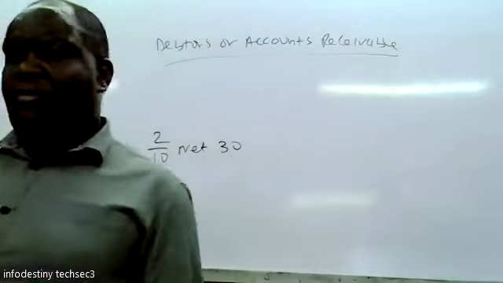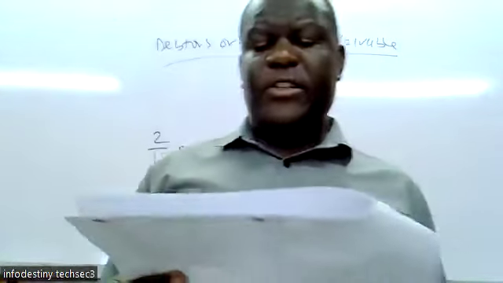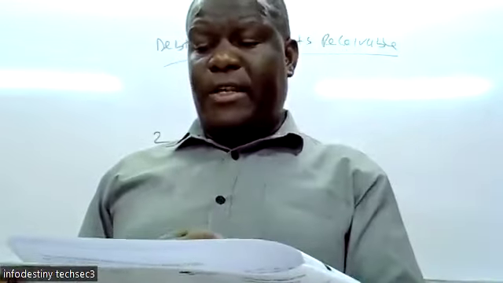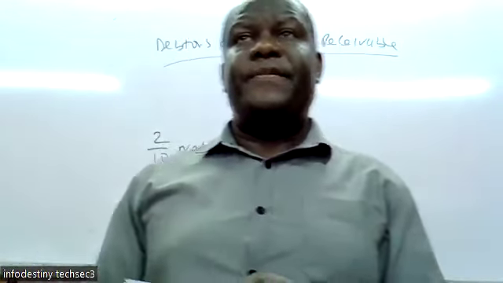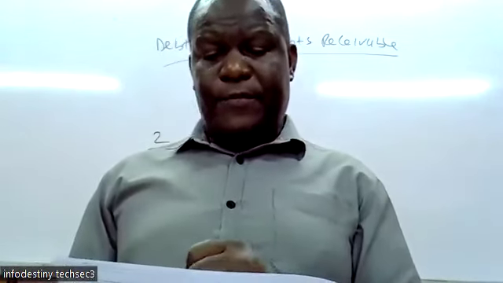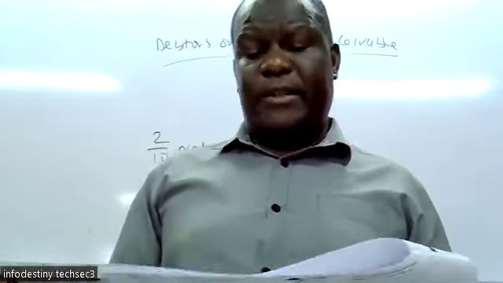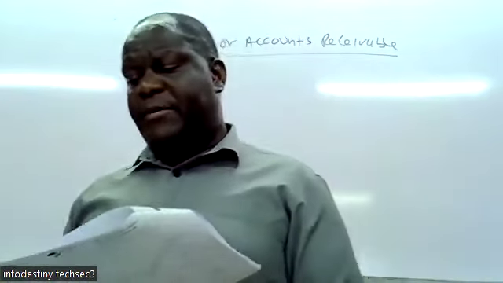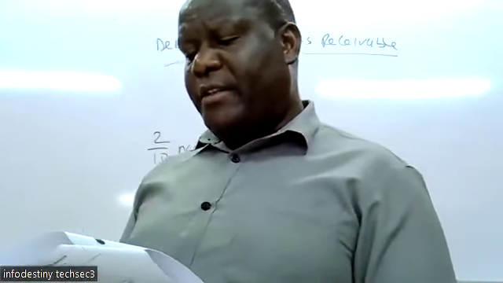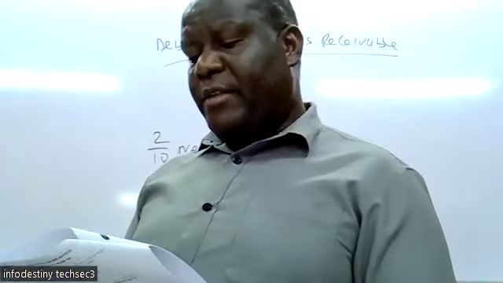So are you able to see the question about Bahati? Yeah, so they have said that Bahati Enterprise is considering amendments to its current credit policy. You have seen the question? Page 42. The firm's current annual credit sales amounted to how much? 6 million.